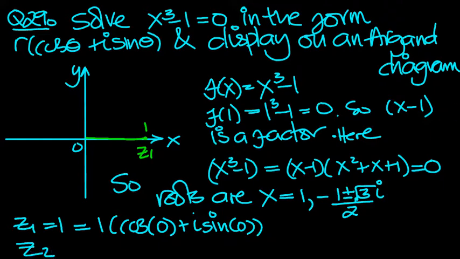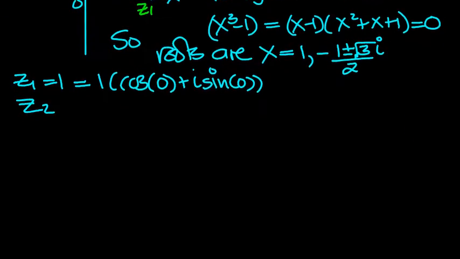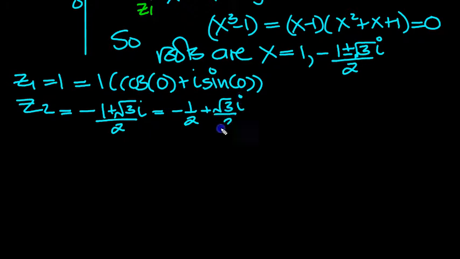Z2. So let's turn our attention to this part of the problem now, and go back up in a moment. Z2 equals minus 1 plus root 3 over 2 i, which is equal to minus a half plus root 3i over 2, which equals, now if we mark that off, it's going to be minus a half plus, it's going to be in this quadrant up here. Agreed?